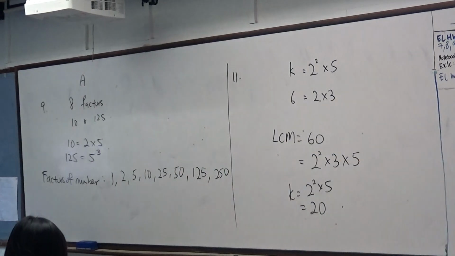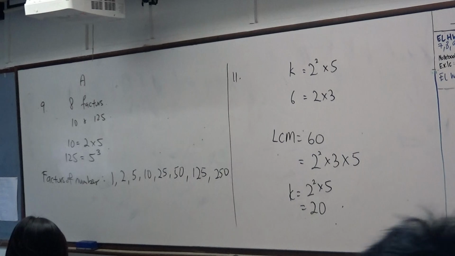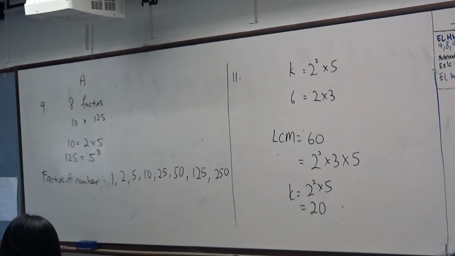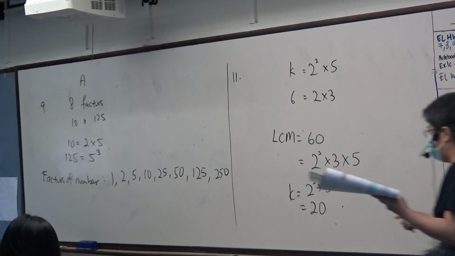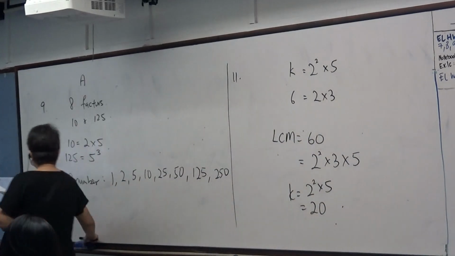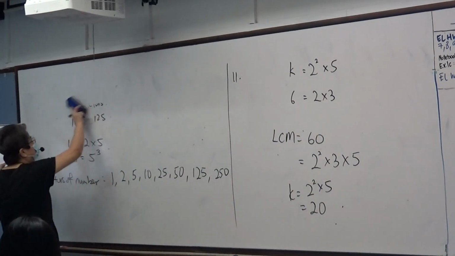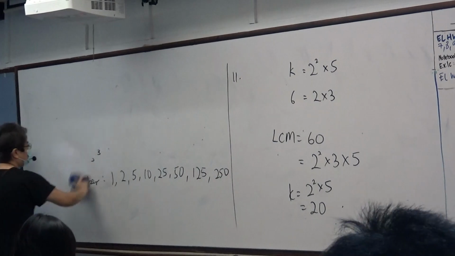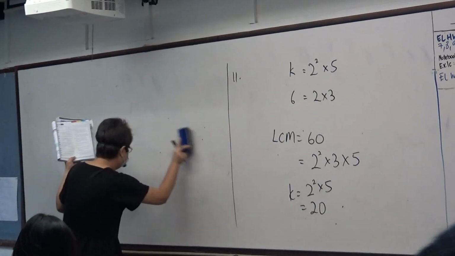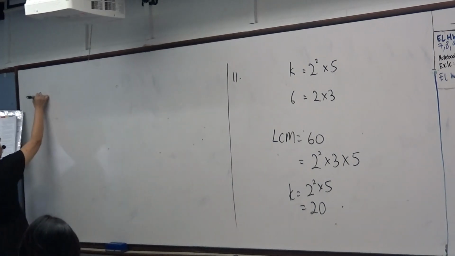Okay? Alright, good. So that's your 11. Next, we move on to 13. Would that be okay? How many of you cannot do 13? Okay, just 13. Let's do 13.